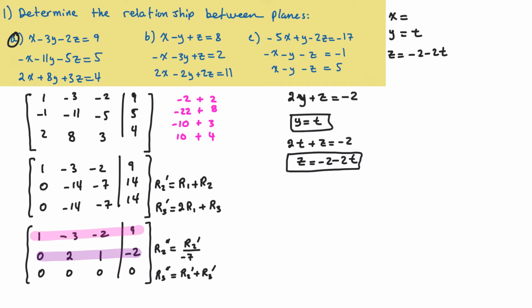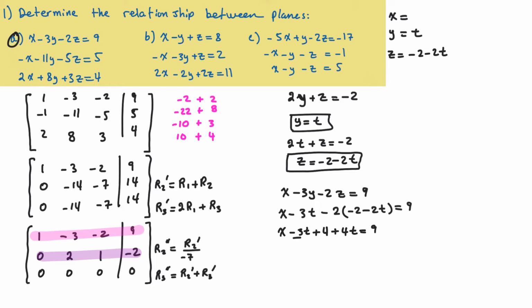That's going to be x minus 3y minus 2z is equal to 9, and x minus 3 times t, since y is t, minus 2 times z, that's -2 minus 2t, is equal to 9, and this will become x minus 3t plus 4 plus 4t is equal to 9. -3t plus 4t is just plus t, and I'm going to subtract 4 from both sides to get 5, and finally x, subtracting t from both sides, is 5 minus t.